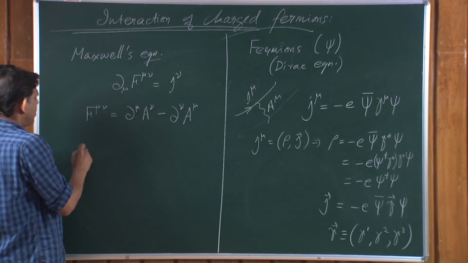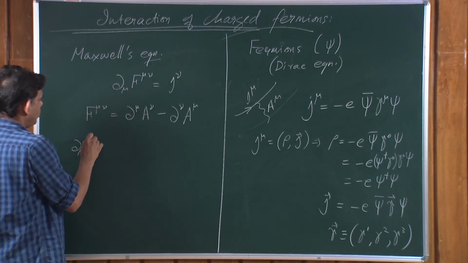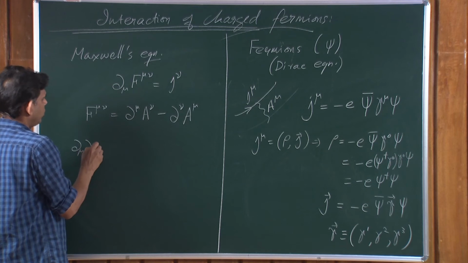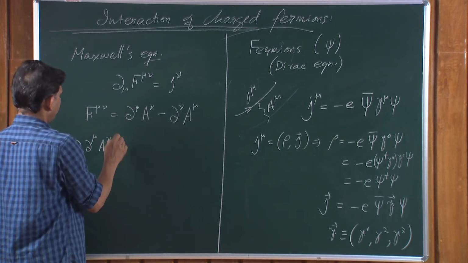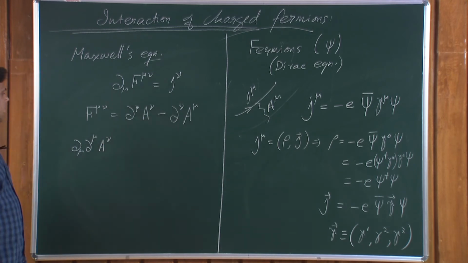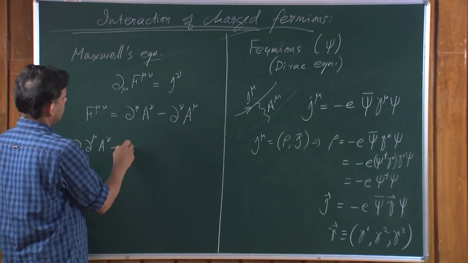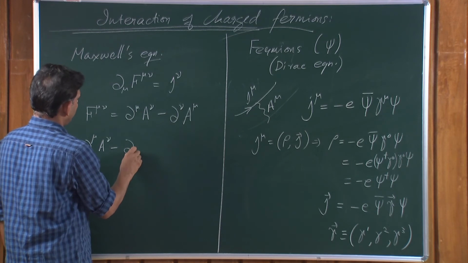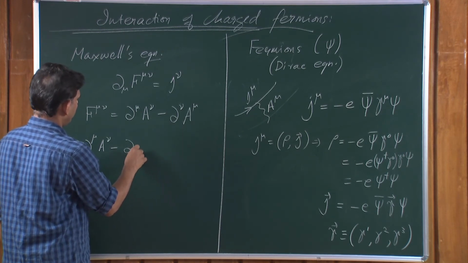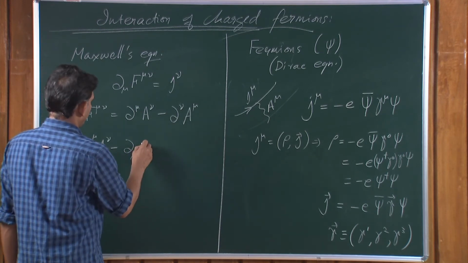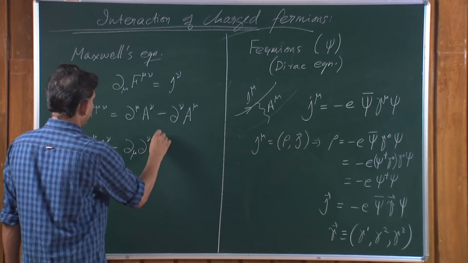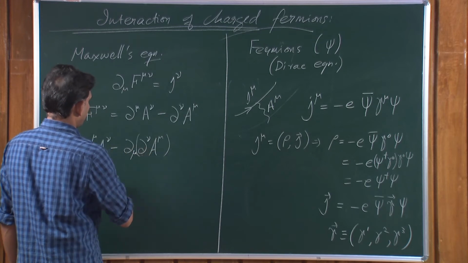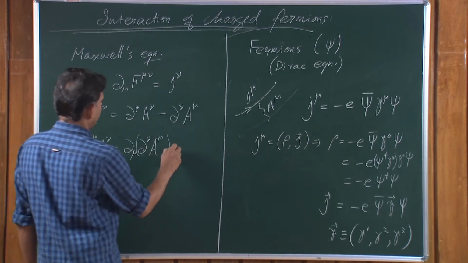And when you put this back, we have dou mu dou mu A nu, okay, minus dou mu dou nu A mu, okay, equal to j nu.